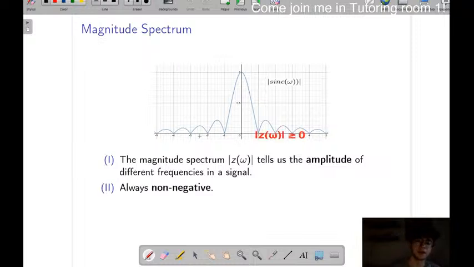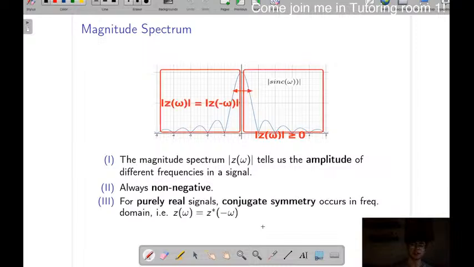Some of the properties of it are that the magnitude spectrum is always going to be non-negative. We always know that we're talking about the magnitude spectrum if we have these absolute value signs. Those denote the magnitude spectrum of some spectrum Z of omega. So it's always non-negative.